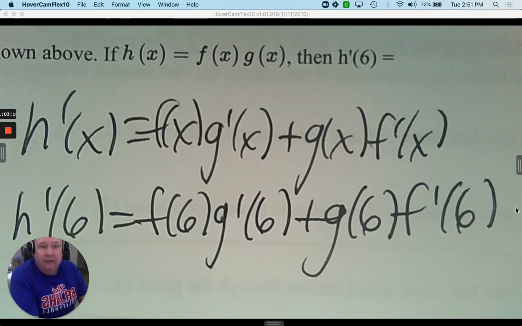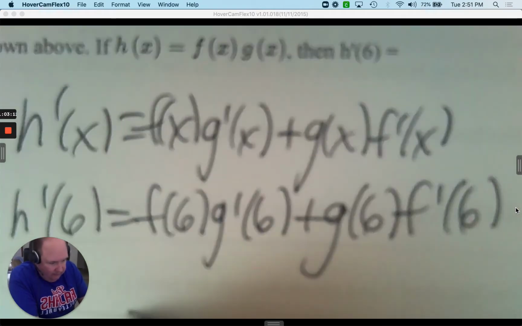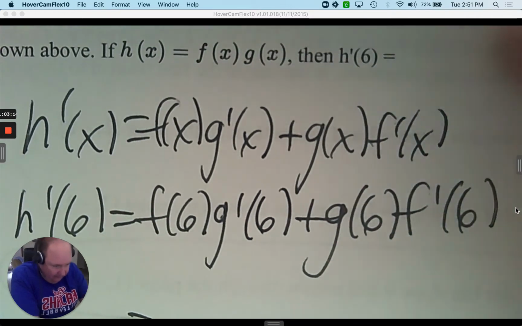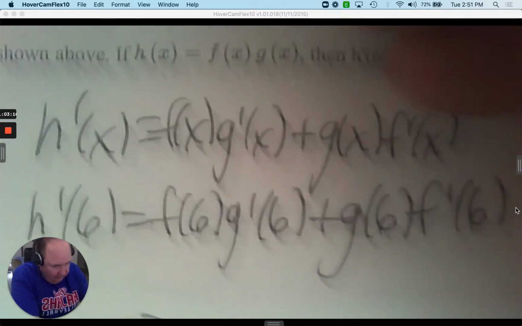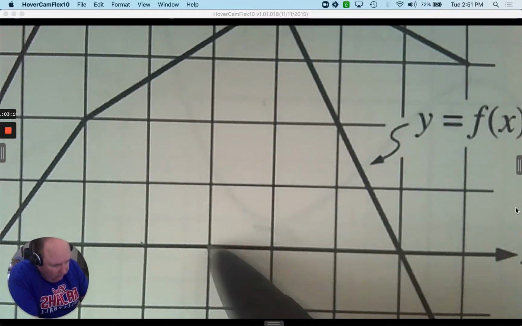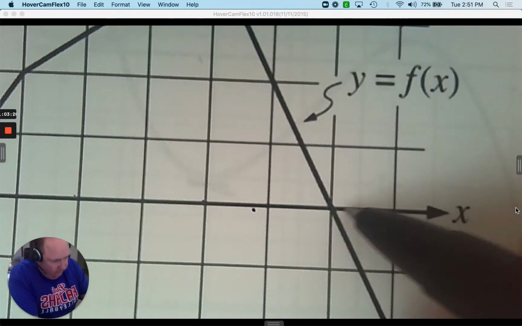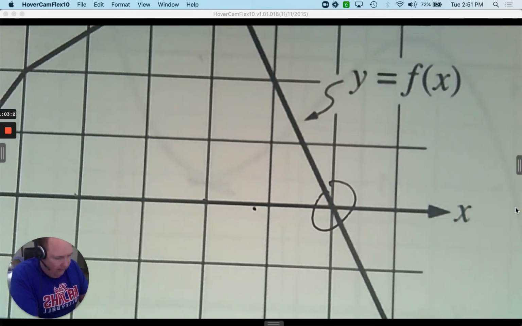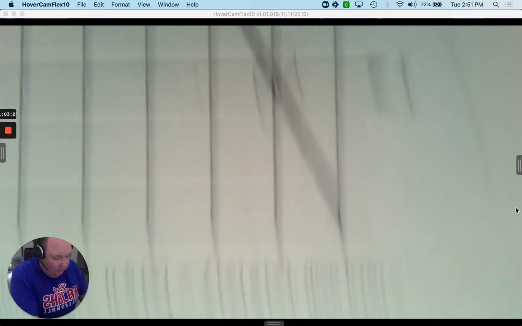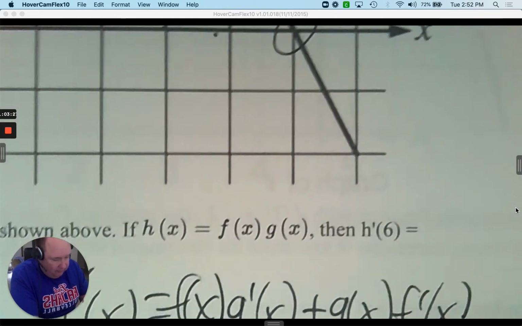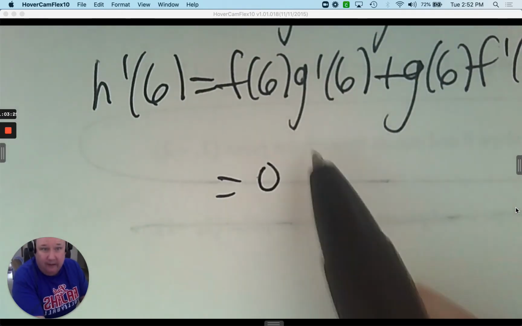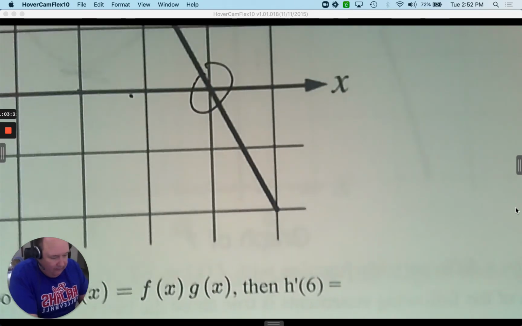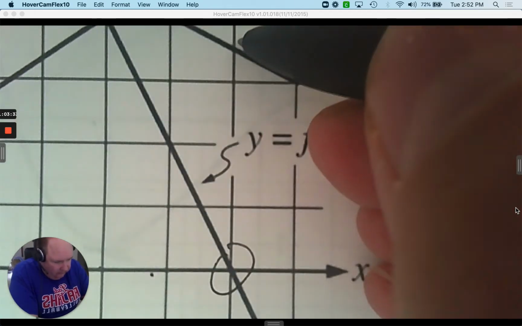So looking off the function value for f at 6: 1, 2, 3, 4, 5, 6. So the function value for f at 6 is 0. So I don't even care about the derivative because 0 times anything is 0. The function value for g at 6 is right here.